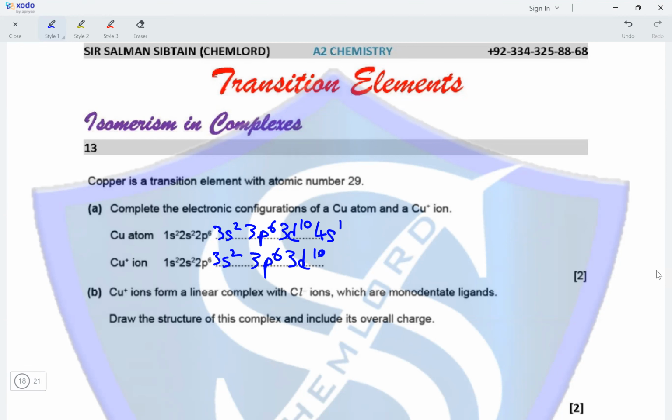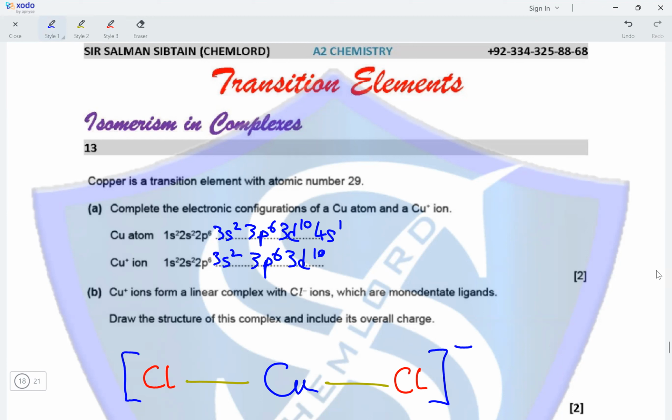Cu+ ions form a linear complex with chloride ions, which are monodentate ligands. Draw the structure of the complex and include its overall charge. So, in a linear complex, we would have a central copper ion, which has a +1 charge, and this would be bonded to two chloride ions, and the overall charge on this complex would be a positive charge for copper and two negative charges for the two chloride ions.